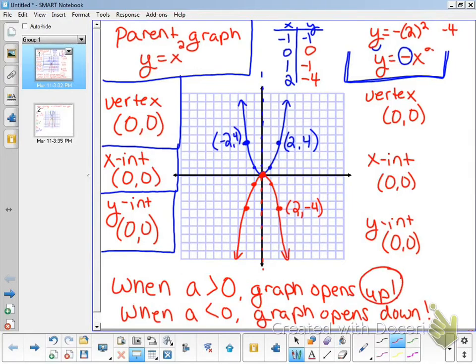When a is less than 0, meaning that it is a negative number, your graph opens down. Okay, so we're going to be talking about what happens when we change pieces of the graph as we change pieces of the function.